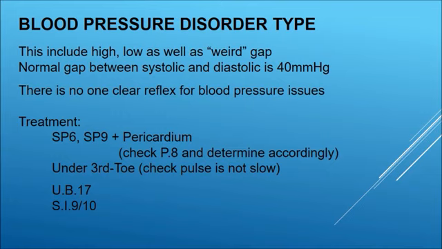Taken alone, neither number is problematic, but the gap is too narrow. The body is not adjusting well. Blood pressure types do not have a unique reflex in the body that reflects the blood pressure issue. The diagnosis of this type is made from a blood pressure exam.